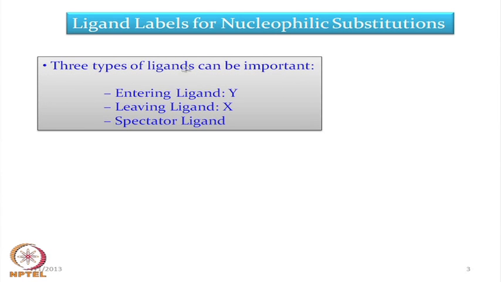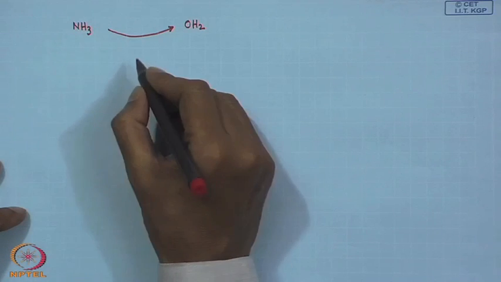So, three types of ligands we can consider: the entering ligand Y, the ligand which is leaving from the system as X, and the spectator ligands which are present there as L. So, we can have the kinetic information for the different cases, and we can use it to find the kinetic rate law for the different types of mechanisms.